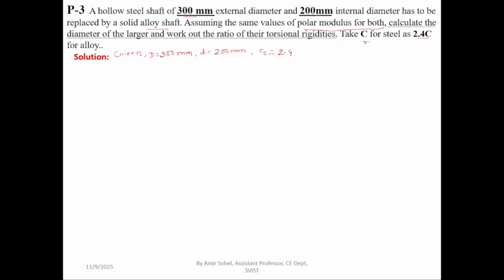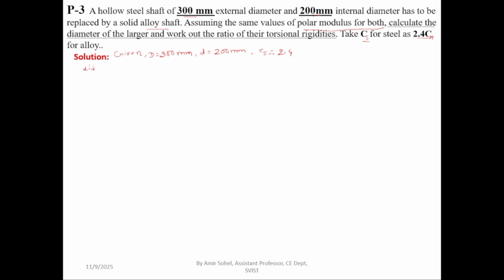So take steel C as Cs, and alloy as Ca. Now the diameter of the solid alloy shaft, let us take as D1.